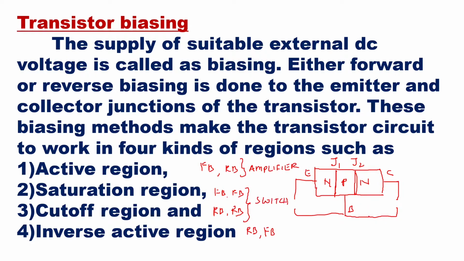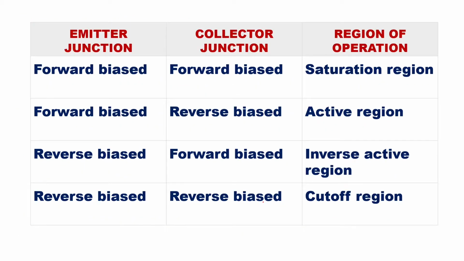Switching on and off, because in saturation the transistor is on and in cutoff the transistor is off. Then if you compare this, the same thing, emitter base junction, collector base junction and region of operation. The first junction between emitter and base is called J1. The second junction between base and collector is called J2. If the first junction is forward biased and the second junction is forward biased, then the operating region of the transistor is saturation.